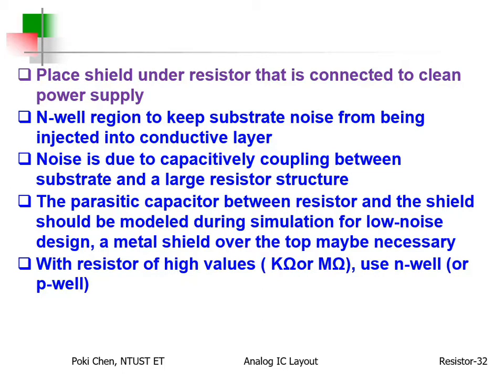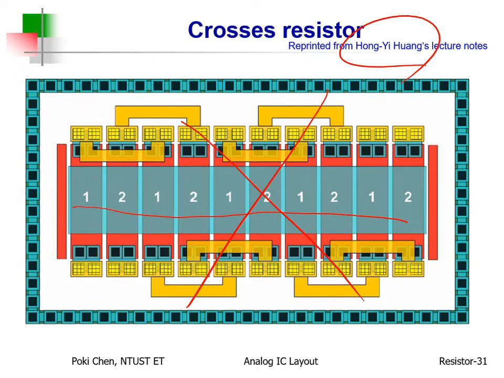Anyway, for resistor, it is some kind of, how can I say, dirty? I need to say noisy device because according to the current conduction, usually the electrons need to collide with the crystal, with the lattice. It will generate a lot of noise.